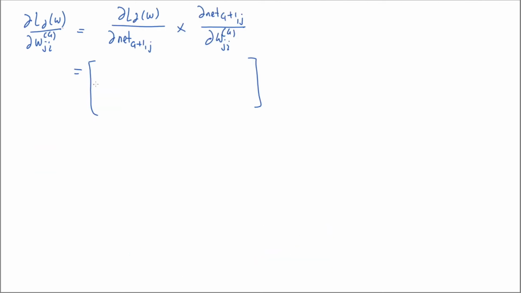So I'm going to sum over all the elements, I'm going to call them z, in the downstream of g plus 1j. And basically what's going to go in here is the derivative of the loss function with respect to... so let me write it out and then explain it.